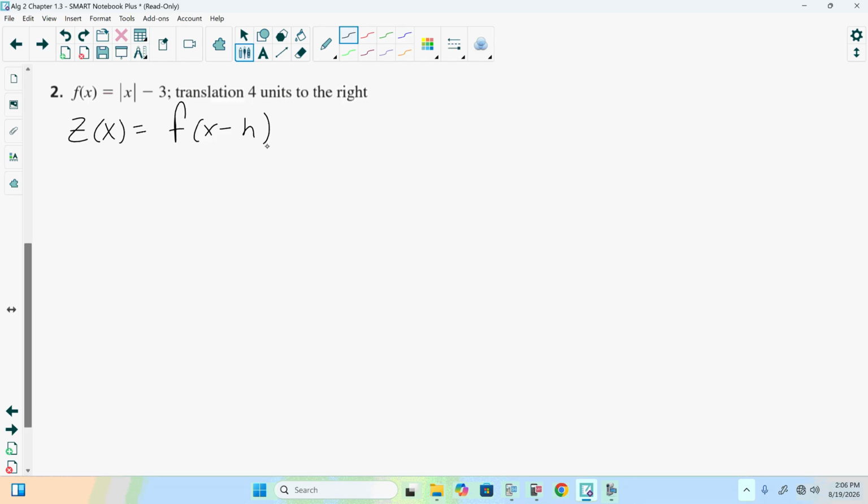What is the value of h? It'd be 4. Would it be positive 4 or negative 4? Positive, because we're moving to the right. Moving to the right, but it ends up giving us x minus 4. Even though h is positive, it does look negative.